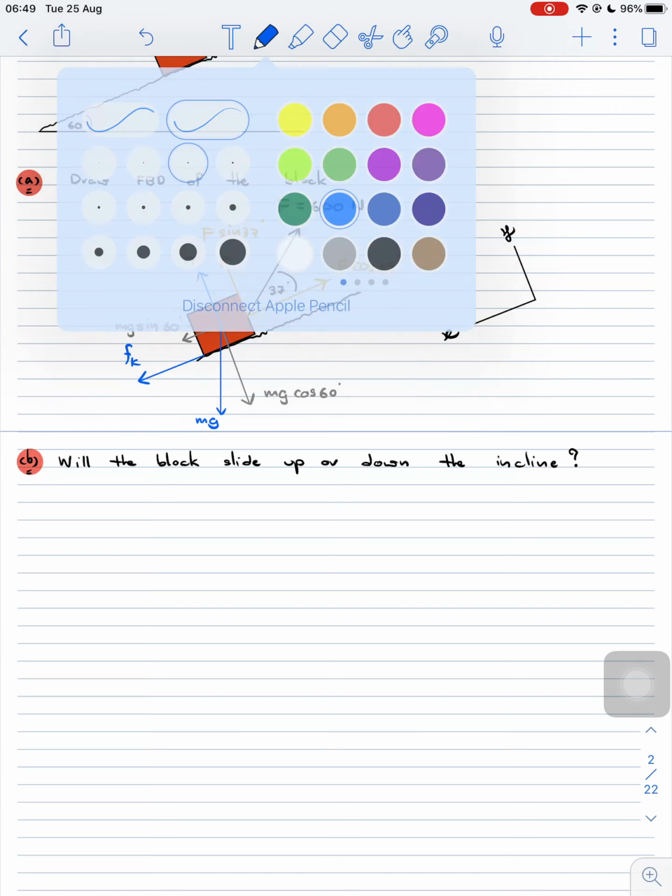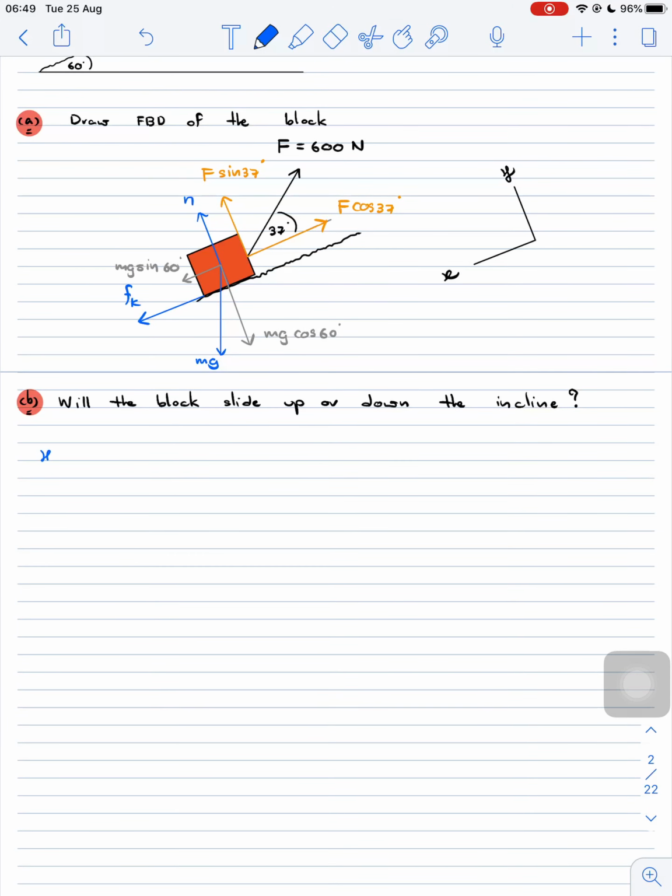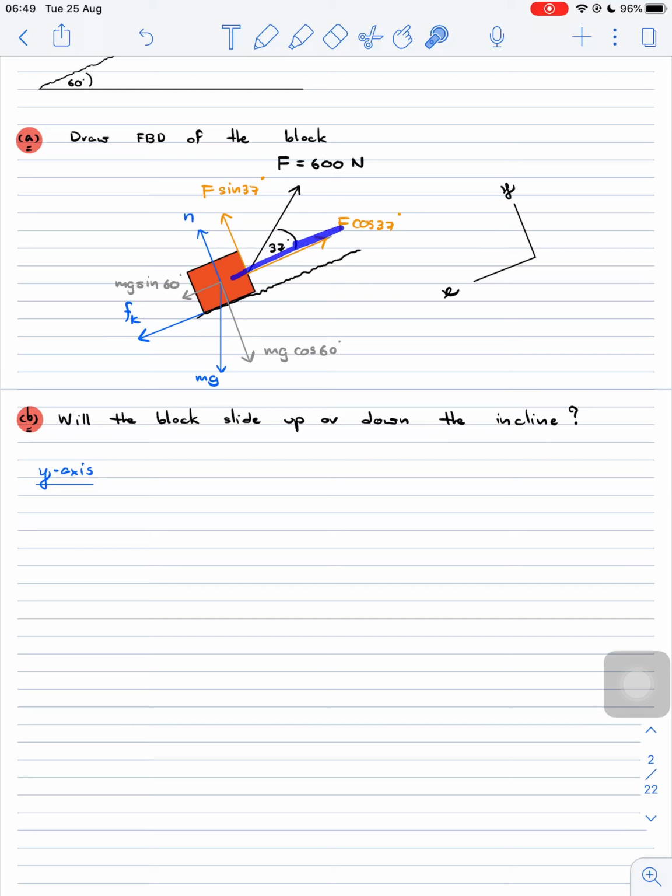Let's consider the y-axis first. Because the block just slides up or down the incline, it's not moving along the y-axis. It means that the net force on the y-axis must be equal to 0.